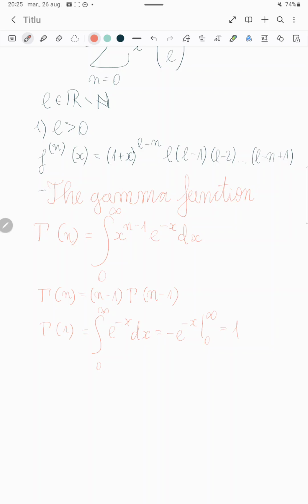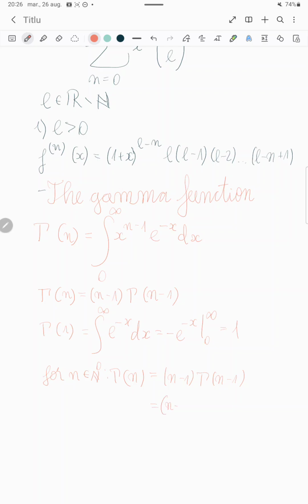Ta-da! And as you can observe, for n not a natural number, we will have something like this. We'll have gamma of n equals n minus 1 times gamma of n minus 1. As I said before, this relationship can be proven, and I leave it to the viewer.